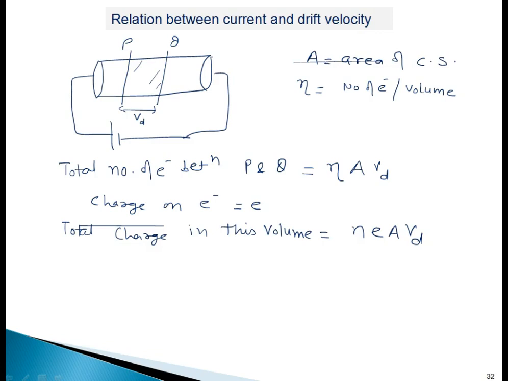Hence this is the electric current flowing through the conductor, and we say I = neAVd, because this is the total charge traveling in 1 second, since Vd is the drift speed and I have taken Vd as the distance. Now if I ask you for current density, you will say J = I/A. What you will get is J = neVd.